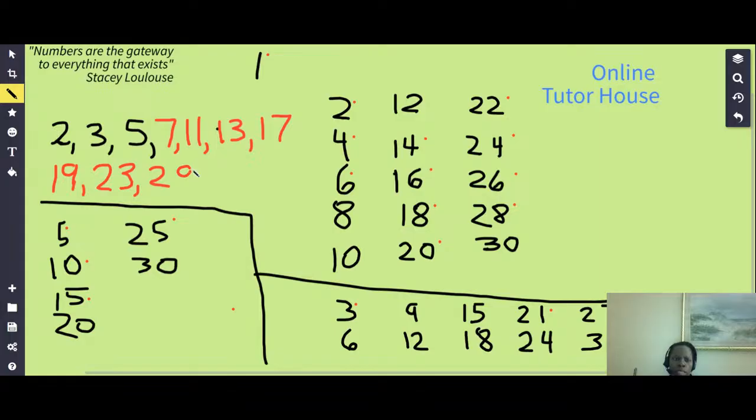So that will be the next prime. And actually, that is the last number before 30. And here's 30. So we were able to basically find all the multiples here and discover 7, 11, 13, 17, 19, 23, and 29.